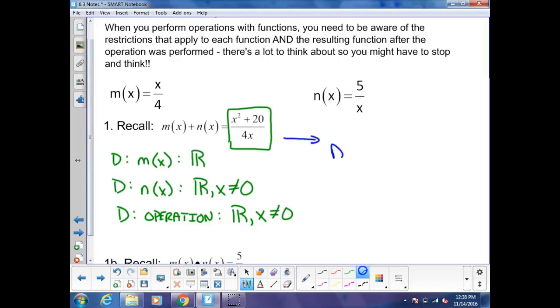The domain of my new function is all real numbers, but I can't have 0 because that would make my operation not valid. But I don't have anything else. So that is the domain then of my new operation function.